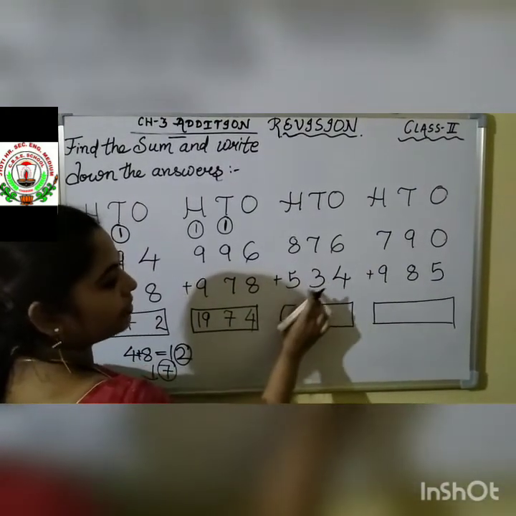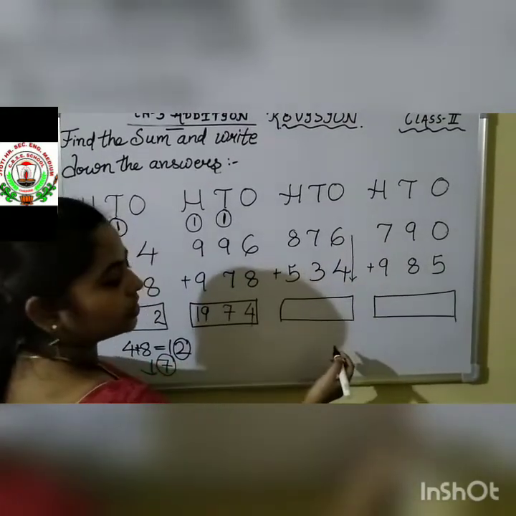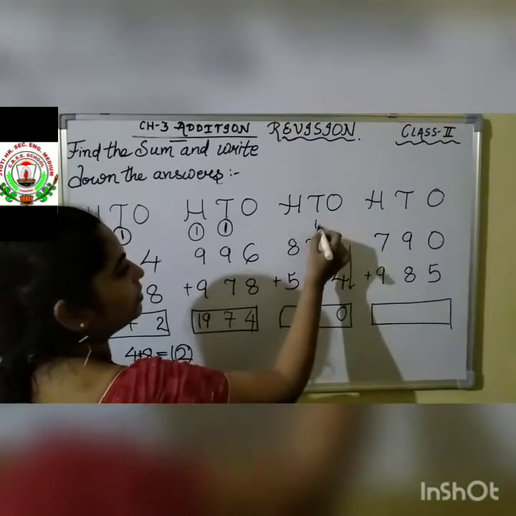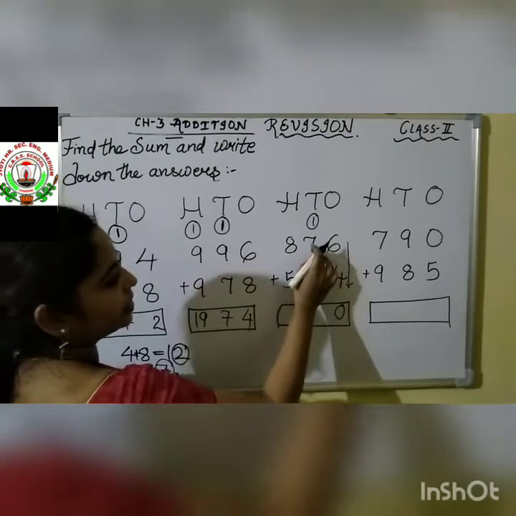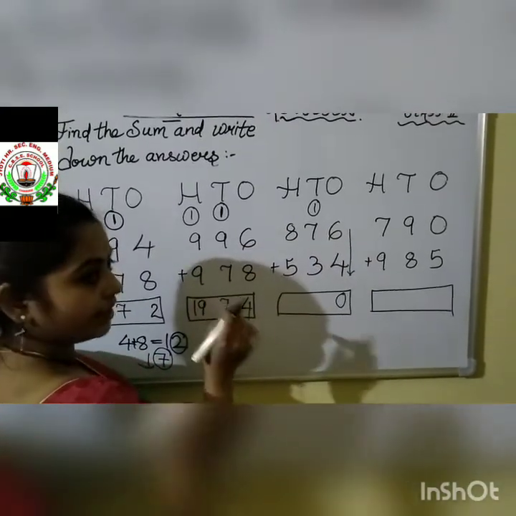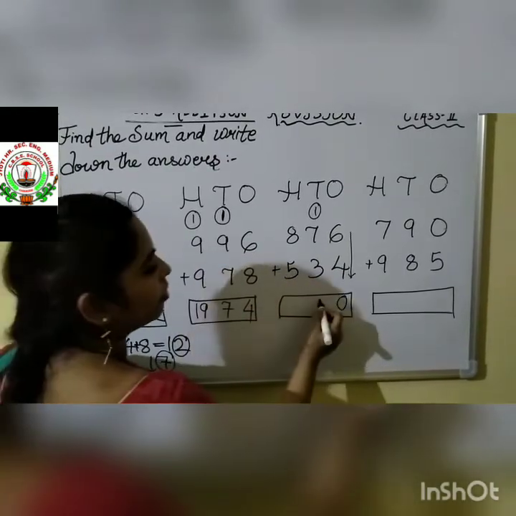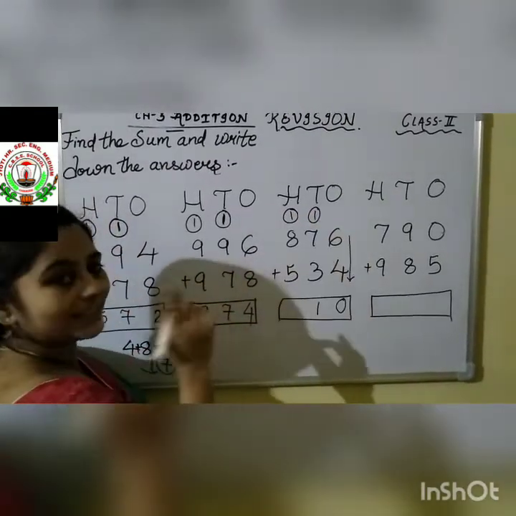876 plus 534. From the ones place, 6 plus 4, children, 10. 0 we will write down here, and 1 will be written as carryover to the tens place. Okay. Then 7 plus 3, 10. 1 is there, so 10 plus 1, 11. 1 will be written here, and 1 will go to the hundreds place as carry.